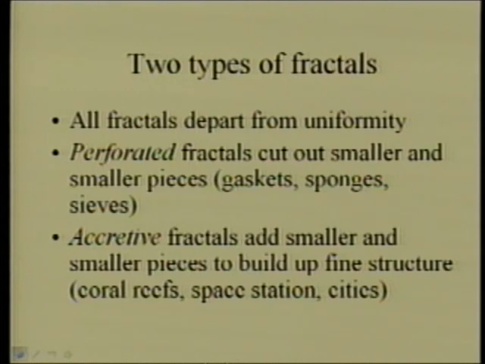In nature, we have coral reefs because the corals keep growing, and you have all these little tentacles that deposit smaller and smaller pieces of calcium to make the coral reef. The space station, well, it's a rather whimsical example. You have a large piece, and then successive space missions keep adding little pieces as needed, and the whole thing will grow by accretion over the years as more and more units are put on.